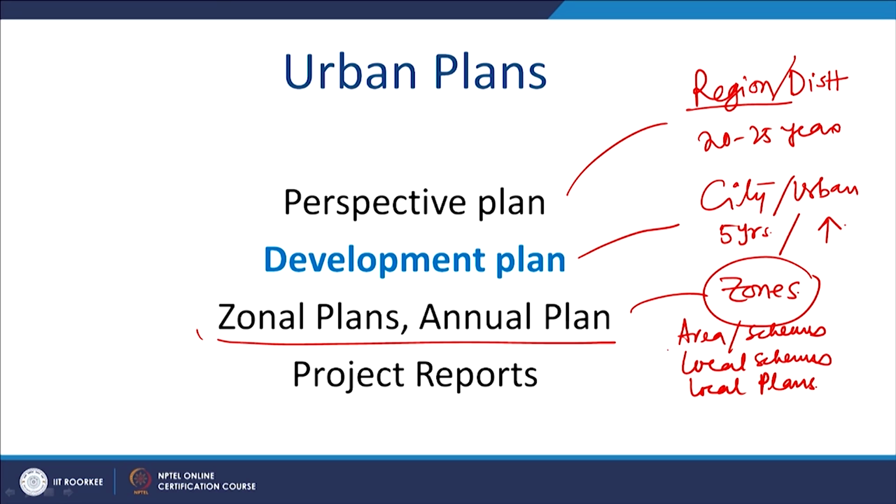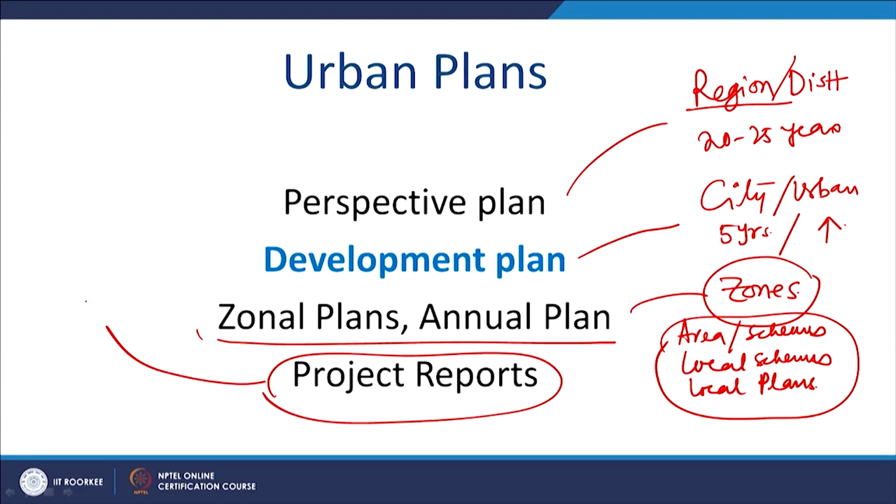Area level schemes, local schemes or local plans are more or less synonymous. Basically the objective of these is to make a detailed plan of the local areas, which gives an input to the draft development plan and zonal plan, and then we do the project reports for every project. Project reports are done for individual projects.